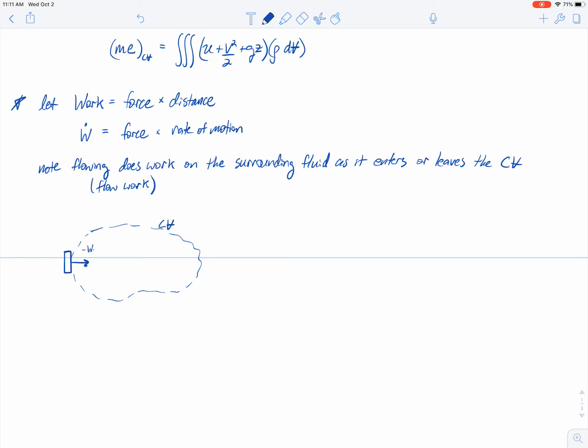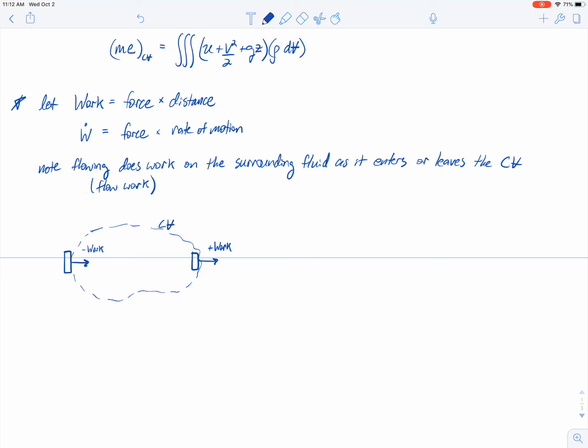So I would call that negative work occurring. And on the other end, I have a little packet or piece of fluid on the inside that's pushing its way out of the control volume. And I would call that positive work that's occurring. How does that really work?